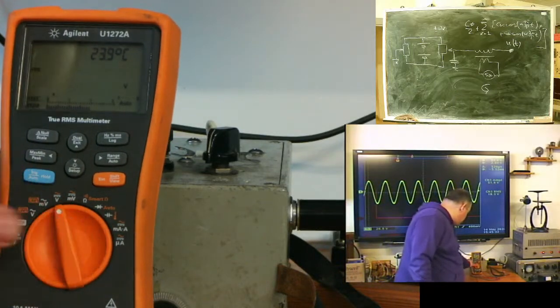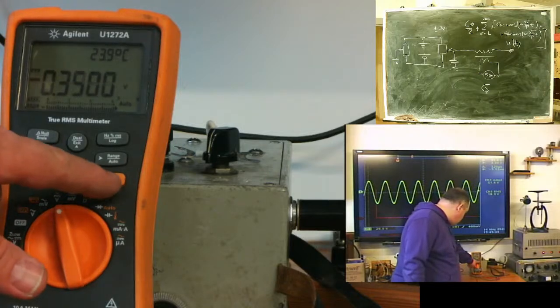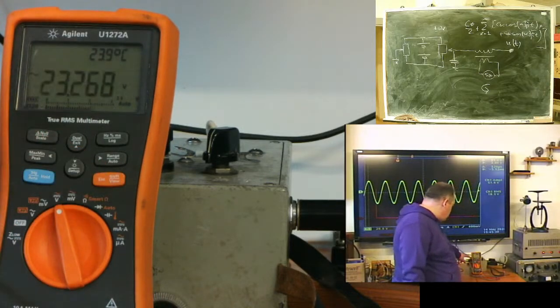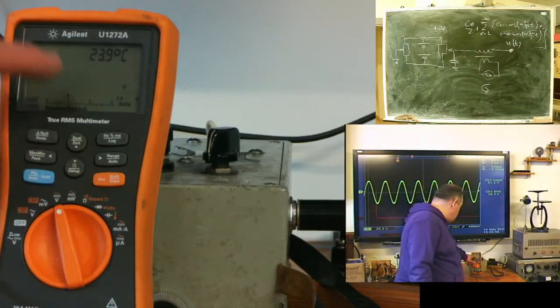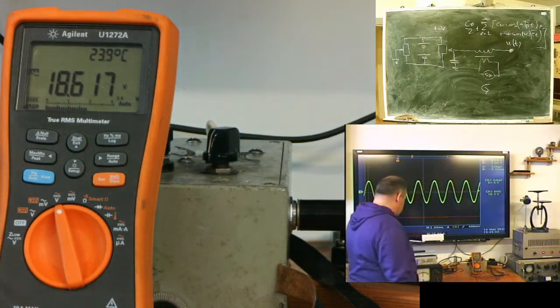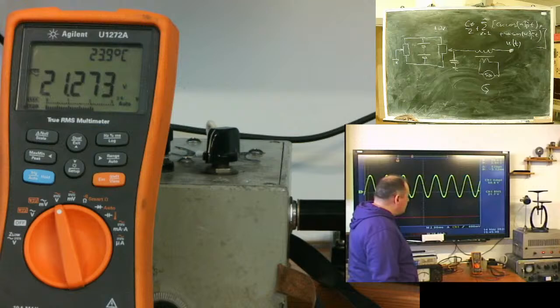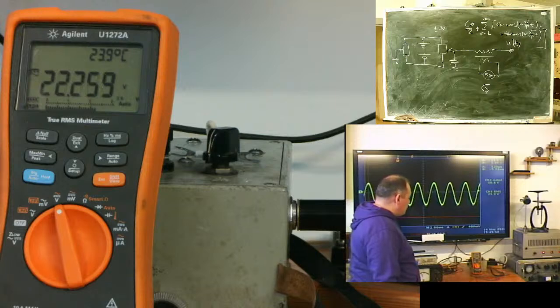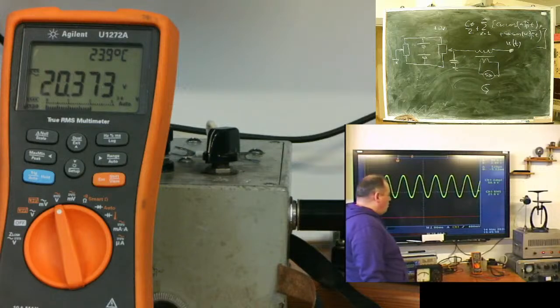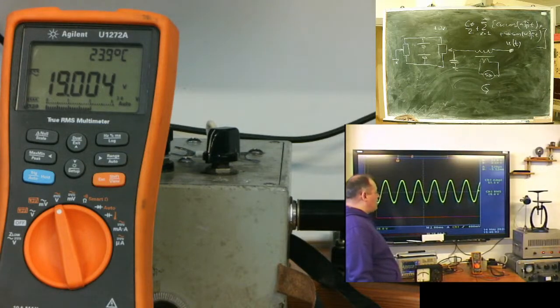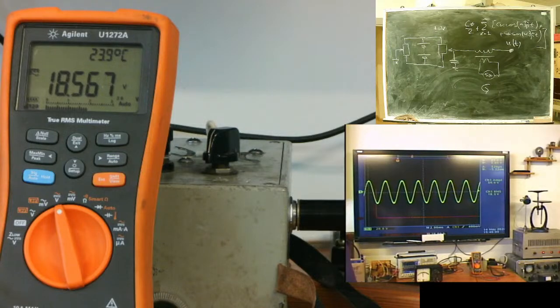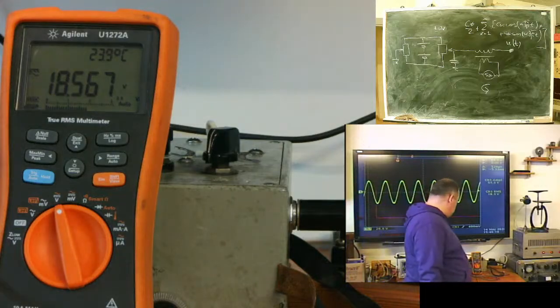Actually it has a special mode. No, it's AC. Yeah, this one has a special mode. Should be 21.27. Something near 21.2, 21.3. Only with activation of the special mode does it account for the DC component.